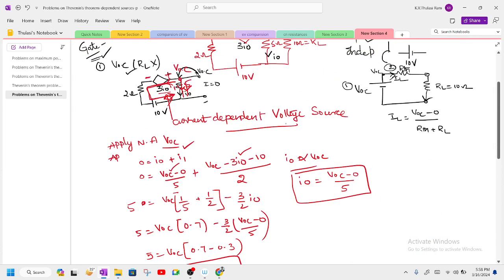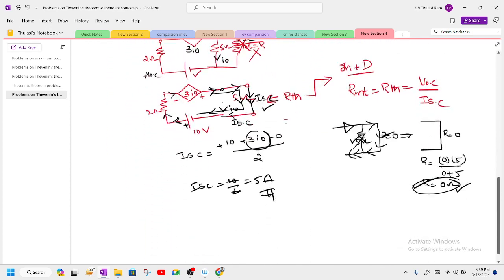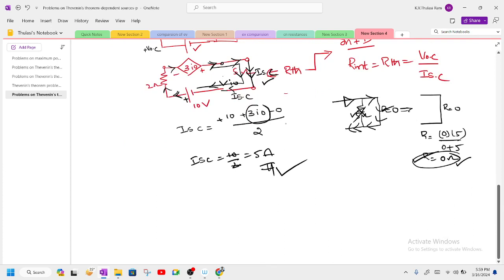So we have got this VOC as 12.5 volts, and we have obtained this R Thevenin. So you have to get the value of ISC. ISC is around 5 amperes.